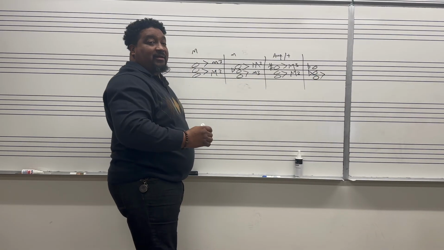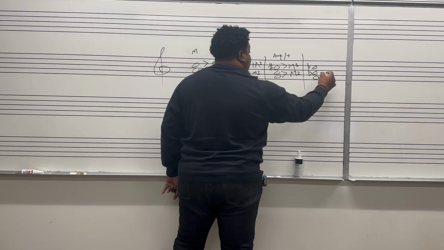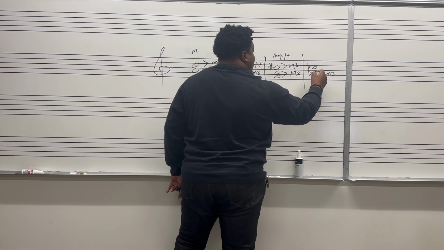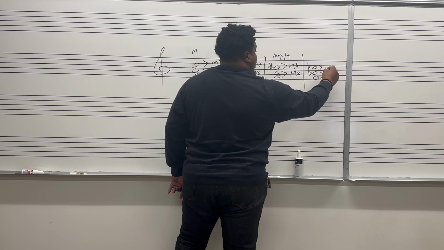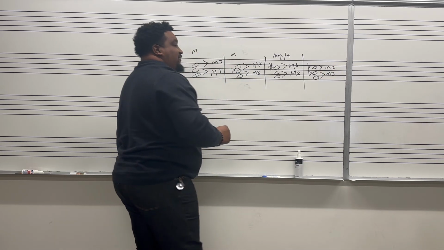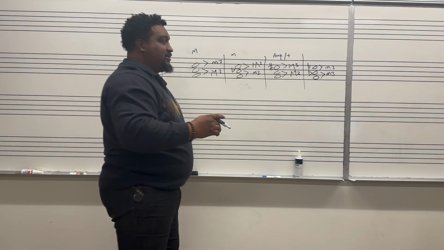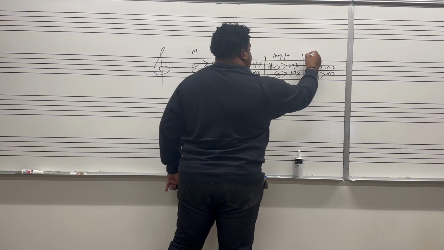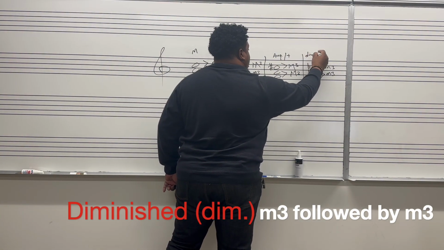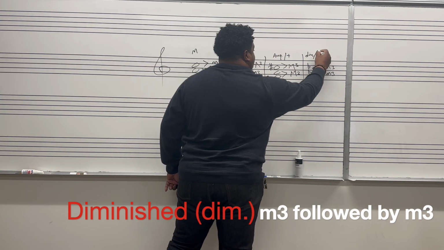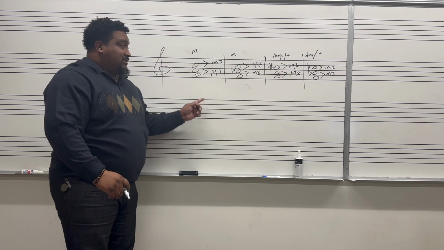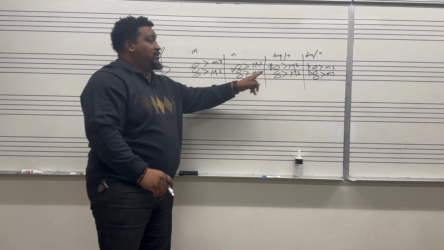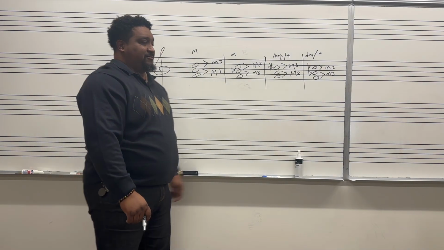What type of third is that? If we say minor third, you're correct. And then A flat to C flat, that's another minor third. So if you have a triad that has two minor thirds, that's a diminished triad. And there's dim, or there's a circle. So we have four types of triads: major, minor, augmented, diminished.